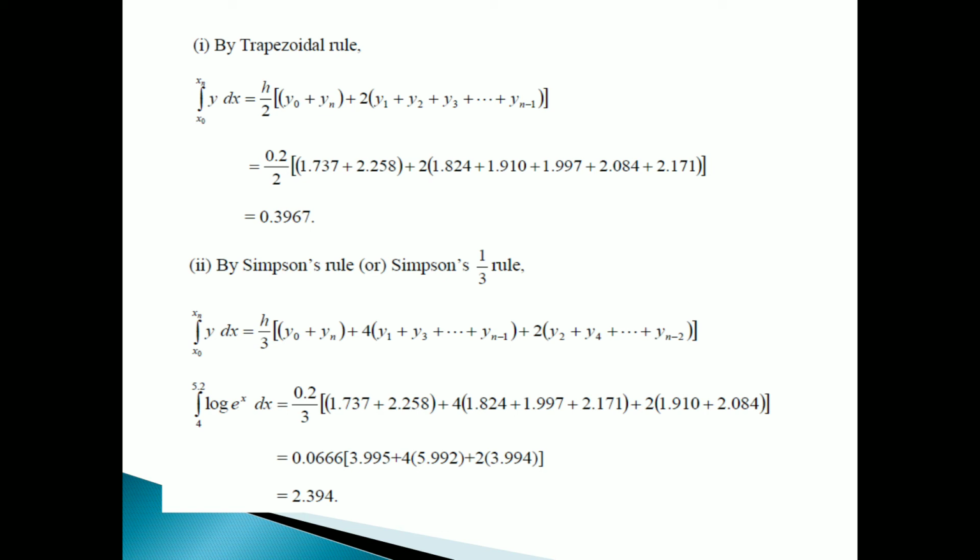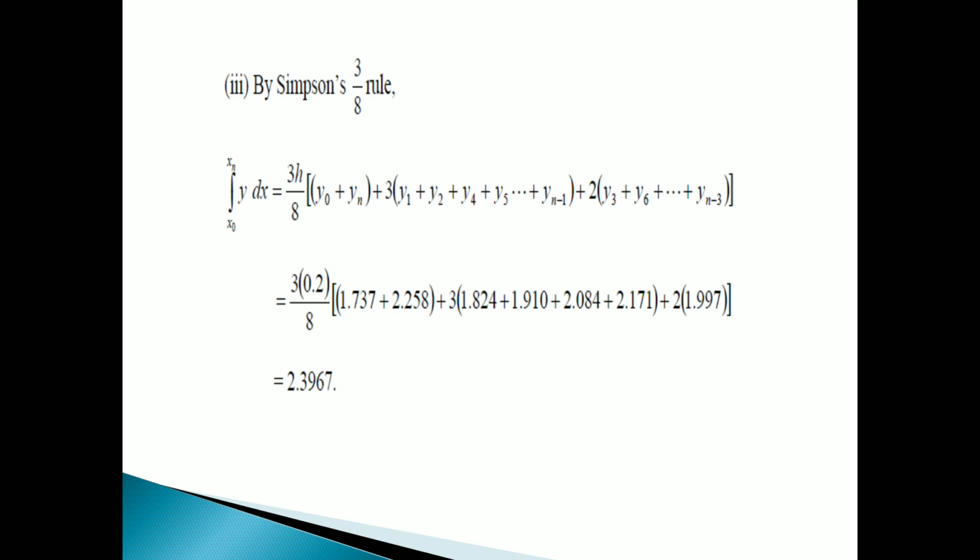Similarly, after substituting the corresponding values required for Simpson's one-third rule, that is y0, yn, y1, y3, y5, yn minus 1, and similarly y2, y4, from the constructed table, we can easily calculate the value of the integral of log e raised to x with respect to x, and its answer becomes 2.394.